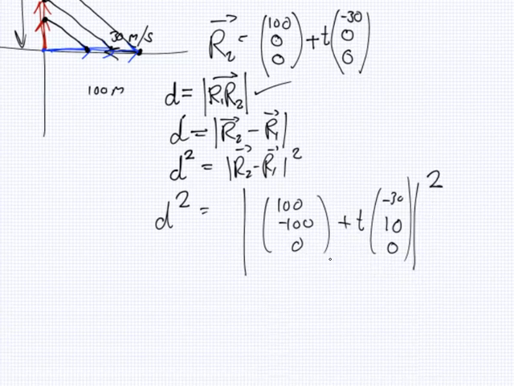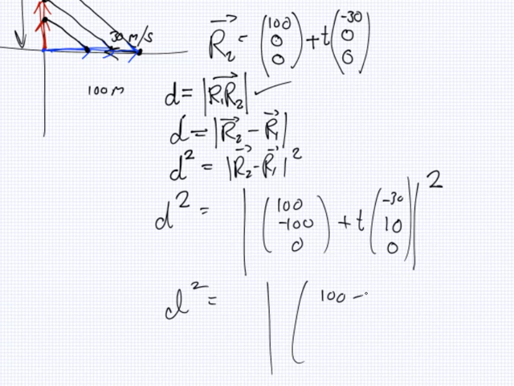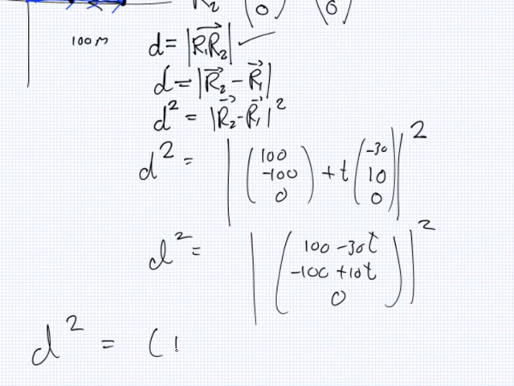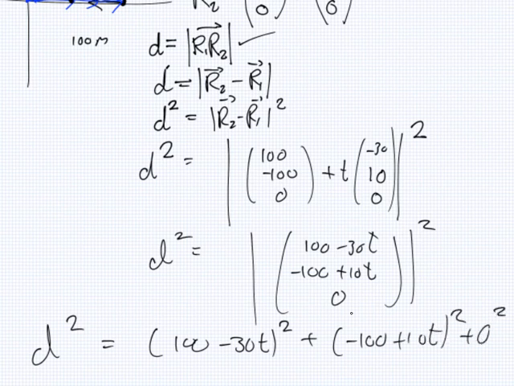Yeah? Let's write that as one vector: 100 minus 30t, minus 100 plus 10t, 0 squared. So the distance squared is equal to (100 minus 30t) squared plus (minus 100 plus 10t) squared plus 0 squared.